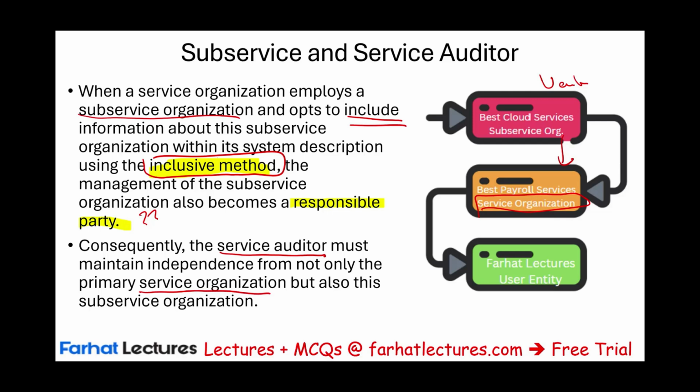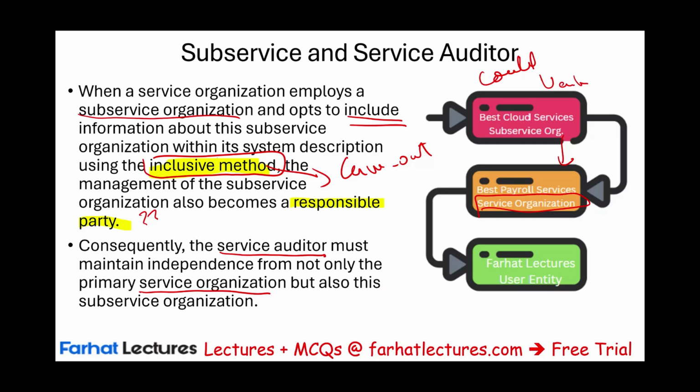So the subservice organization could impair the auditor's independence. How? If the subservice organization is included in the system description of the service organization, and we are using the inclusive method, because what's the other method? The carve-out method. We're not including them in the system description.